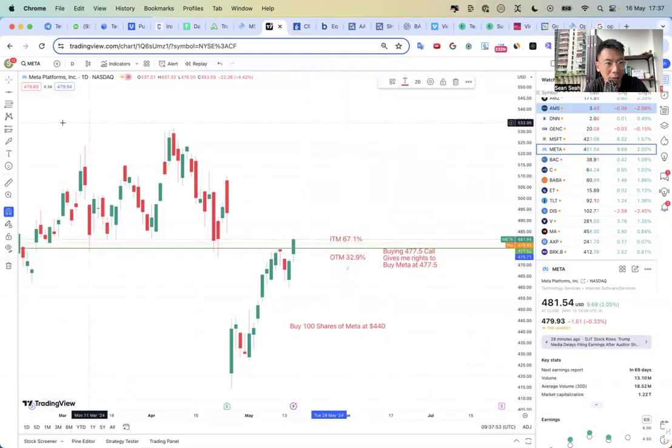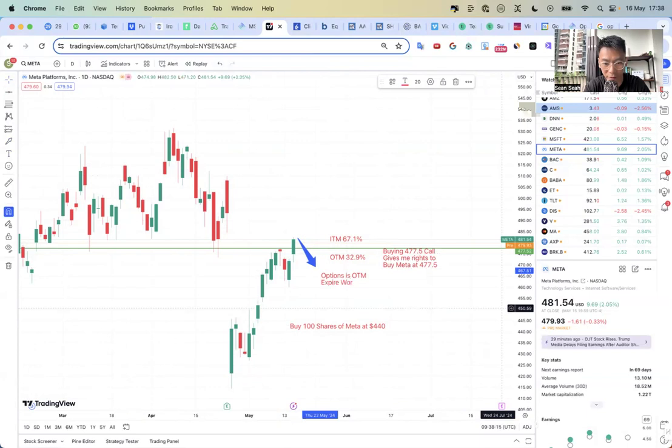Being out of the money means that at the end of the expiry date, the share price will drop below 477.5. If it really does, we still get to keep our 100 shares, and the option expires worthless.